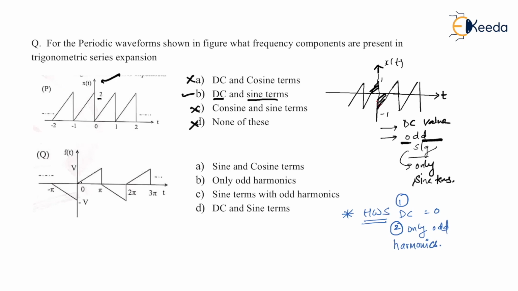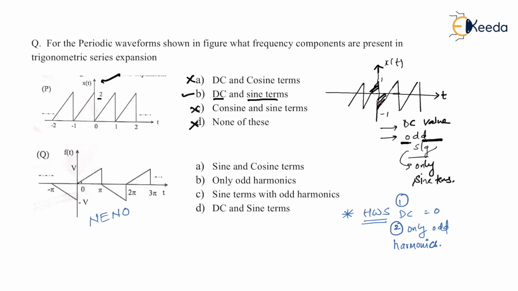Is that right? So let us go through the options and see what they say. Option A says it will have sine as well as cosine terms. We cannot comment actually. Without solving, we cannot surely say that it will have sine as well as cosine terms. Yes, it may have sine and cosine terms because it is neither an even nor an odd signal. But as I said, before you take that option, you have to see the rest of the options and select the most appropriate one.